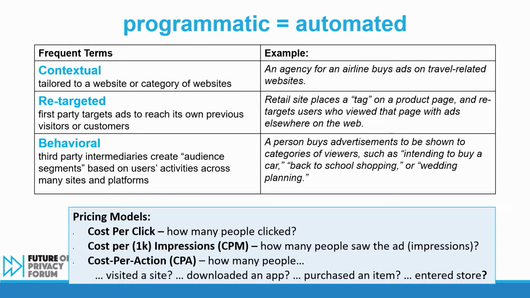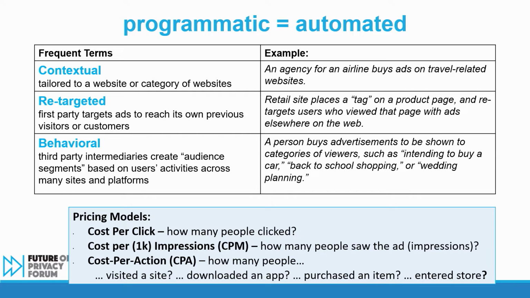So what do we mean by programmatic? The first term we mean there is that it is contextual. Because we are operating at high-speed automation, we have the luxury of tailoring information or ad-funded content to a website or category of websites in real time.